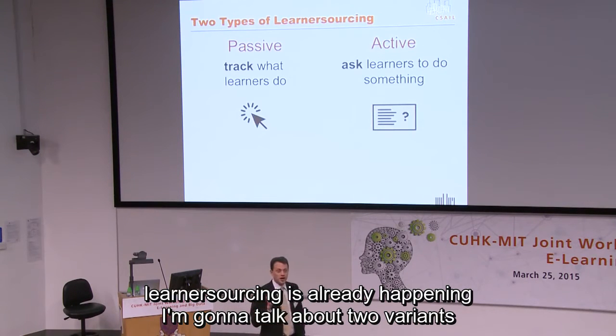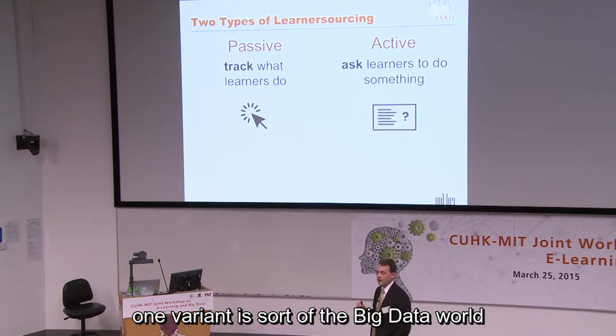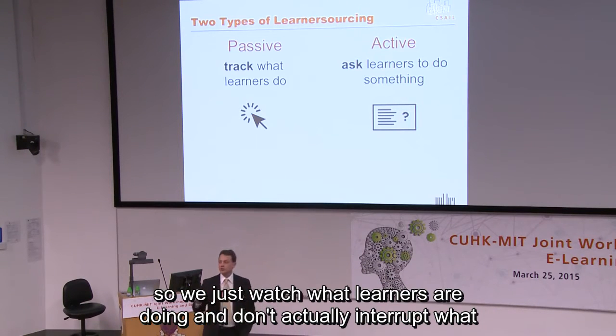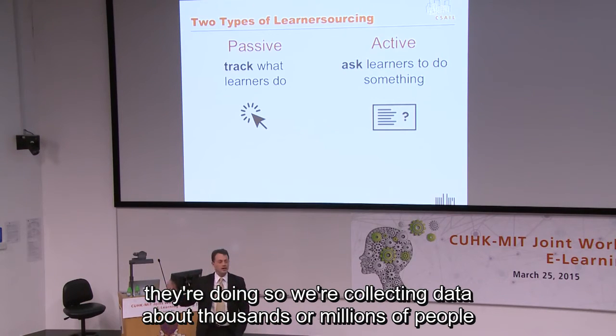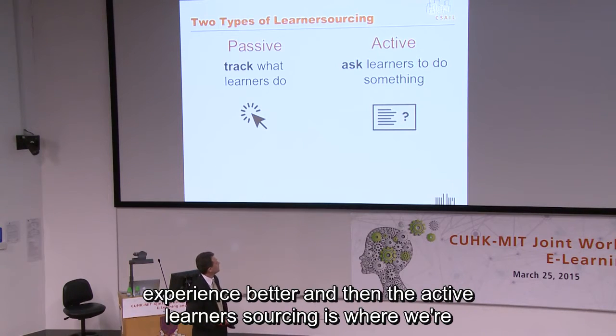I'm going to talk about two variants of it that we've applied to improving videos. One variant is sort of the big data world. So we just watch what learners are doing and don't actually interrupt what they're doing. We're collecting data about thousands or millions of people that are interacting with our content, and we're using that data to make the experience better.